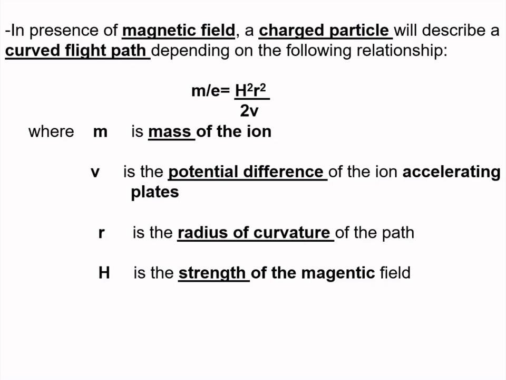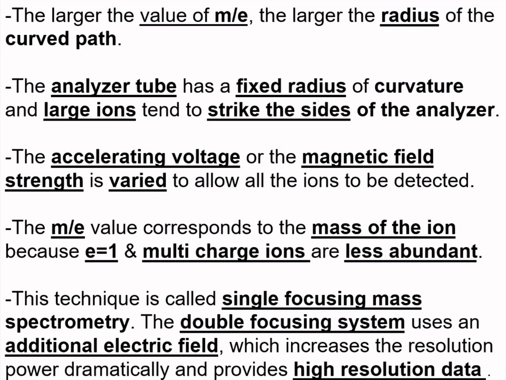So the mass equals H squared, the magnetic field strength, multiplied by R squared, the radius of the ion path, divided by V, which is the potential of the accelerating unit. The larger the M value, the larger the radius of the curved path.